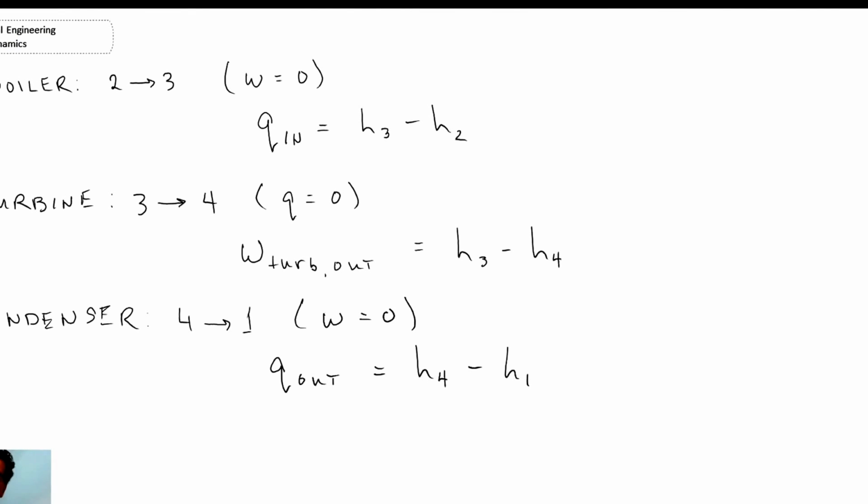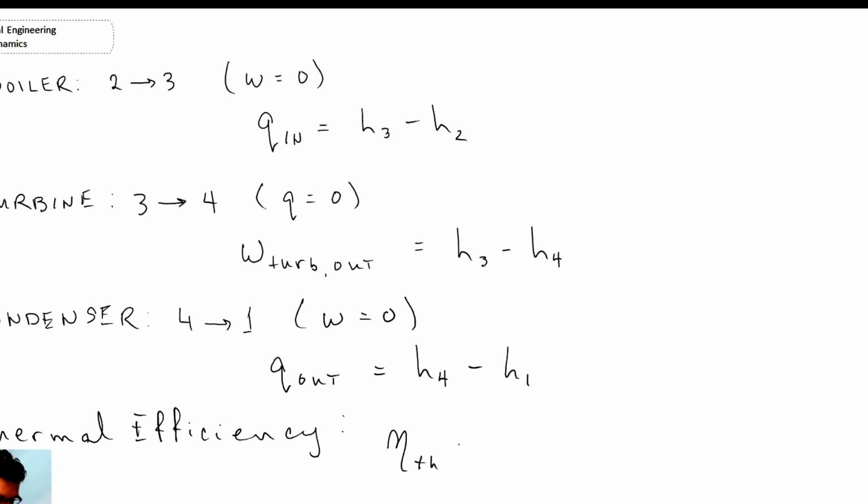So those are all the different equations we can use to examine each of the individual components or devices within the Rankine cycle. And with that, the final thing I want to say is that the thermal efficiency can be calculated with the following.